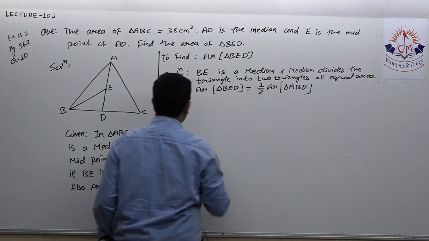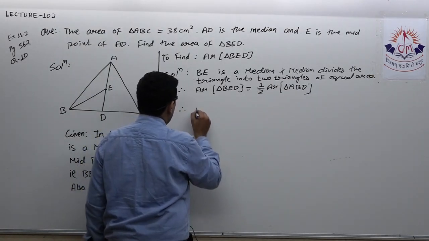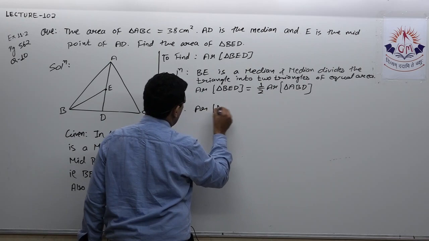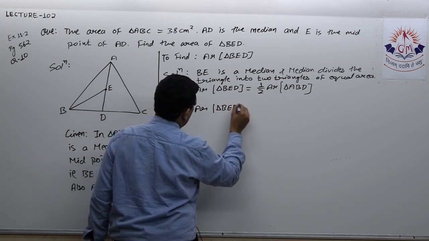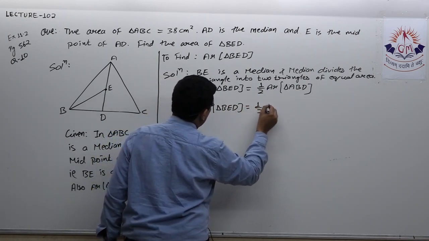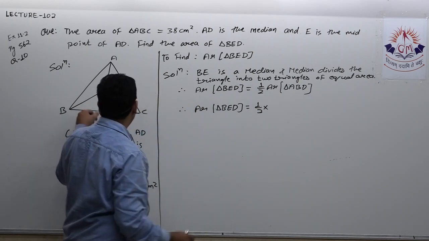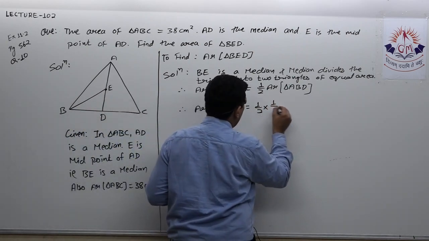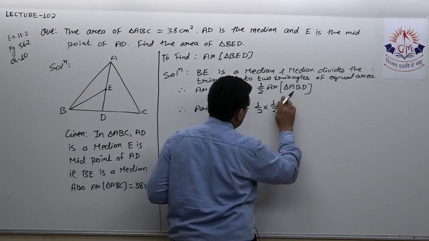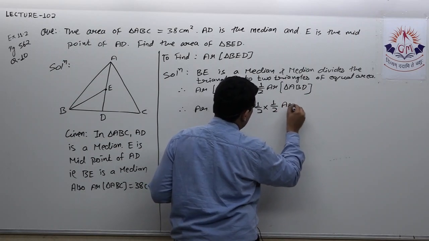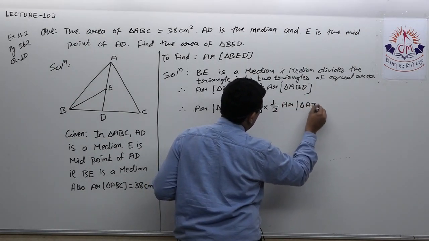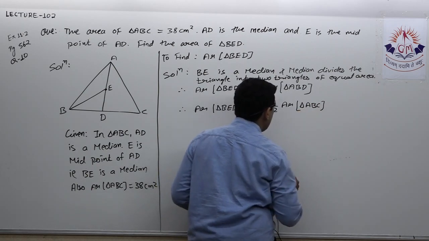Therefore, area of triangle BED is equal to 1 by 2. Now instead of ABD, I can write 1 by 2 of area triangle ABC. The reason is the same here.